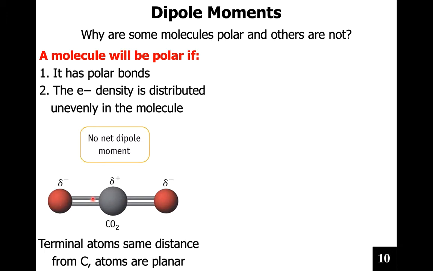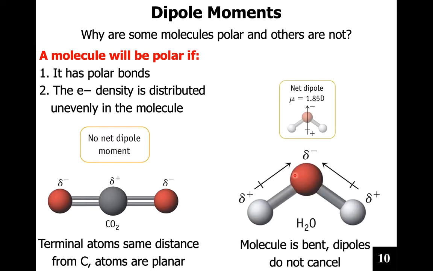Carbon and oxygen have a big difference in electronegativity, so this bond is polar, and this bond is polar. However, the polarity is equal and opposite, so the amount of polarity that goes to the left is equal to the right, and there's no net dipole. The two little dipoles cancel each other out.